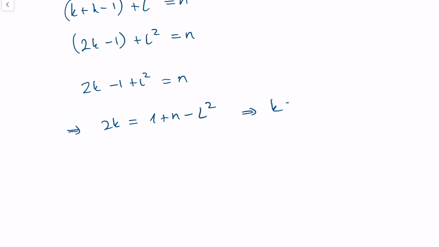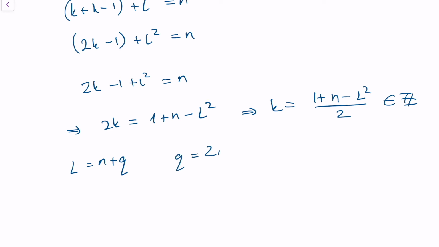So k is equal to 1 plus n minus l squared, over 2. But we want this to be an integer, so we choose l such that l is equal to n plus q, where n and q are integers. But not only that, we choose q to be 2r plus 1. In other words, we want q to be an odd integer because it will ensure that k is an integer.